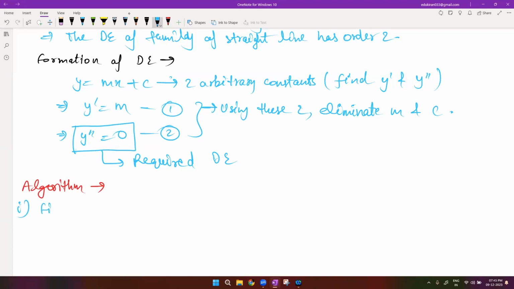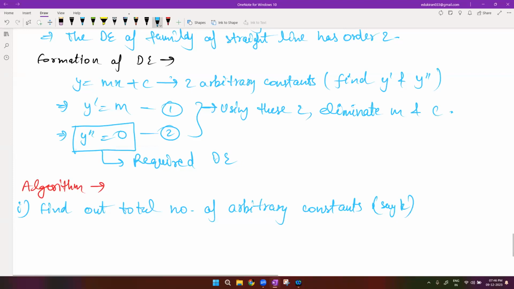Step one is: first of all, let's find out the total number of arbitrary constants. Let's say these arbitrary constants are k. There are k different arbitrary constants used in the given equation. Or rather than k, we can also take it as n.